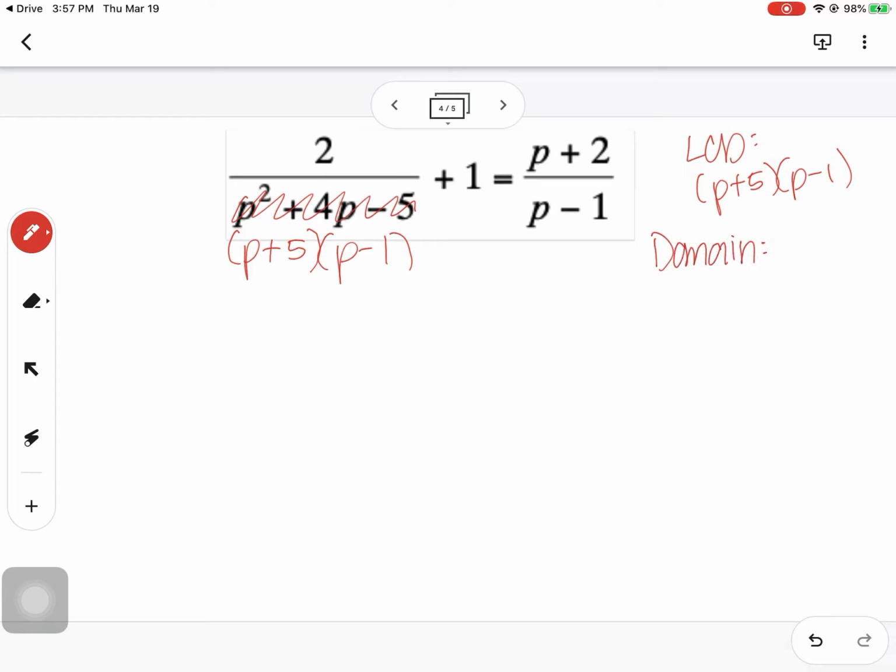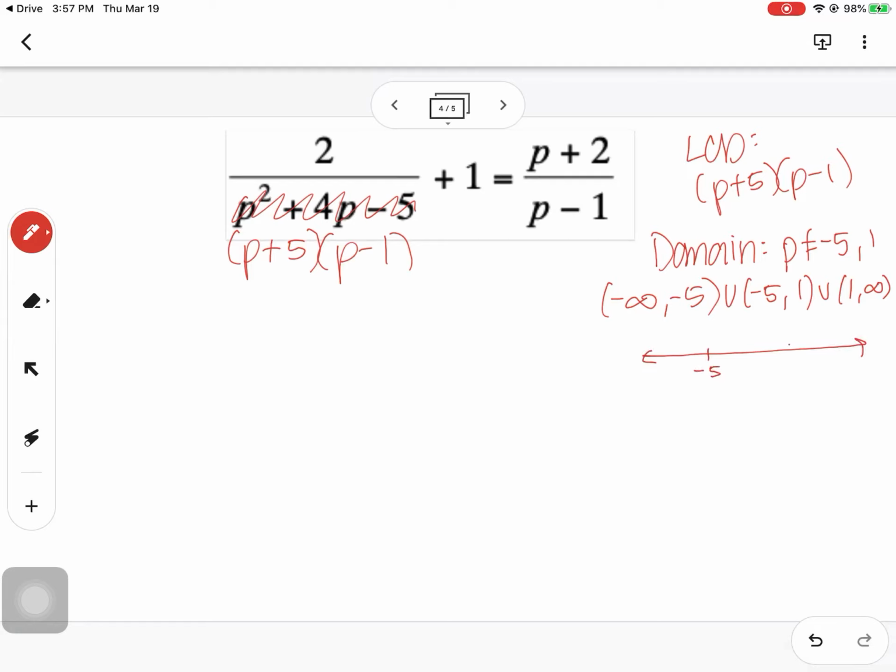In terms of my domain, before we go ahead and solve, I know from solving that p can't be negative 5 or positive 1, again just from setting these equal to 0 and solving. For writing my domain, this is good practice for those graphs. These are the really ugly ones that hypothetically had 2 asymptotes. It would be everything from negative infinity to negative 5, and then from negative 5 to 1, and from 1 to infinity.